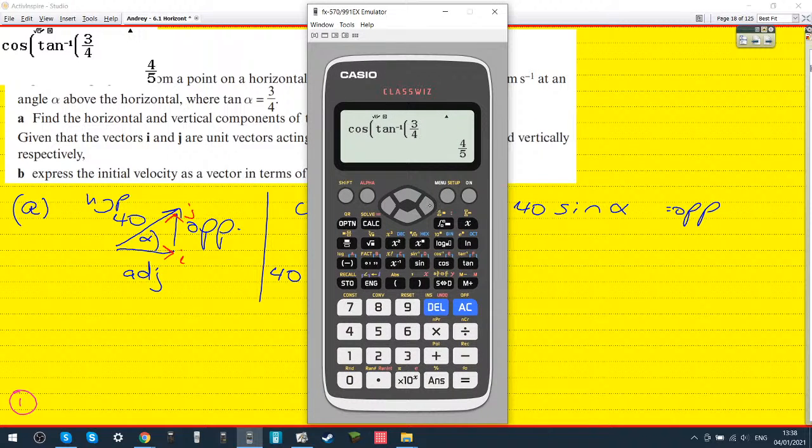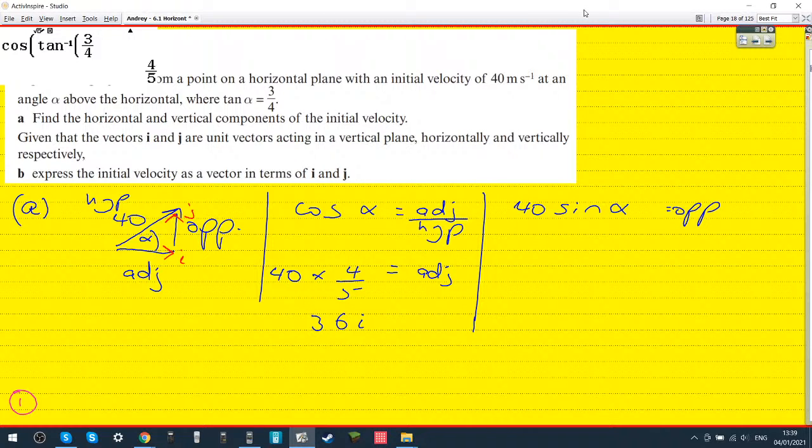And for sine alpha, we just did 40. So we do need to do 40 sine arctan of 3/4. And I got 24. Well done. So that's 24j. And so overall, it is 36i plus 24j.